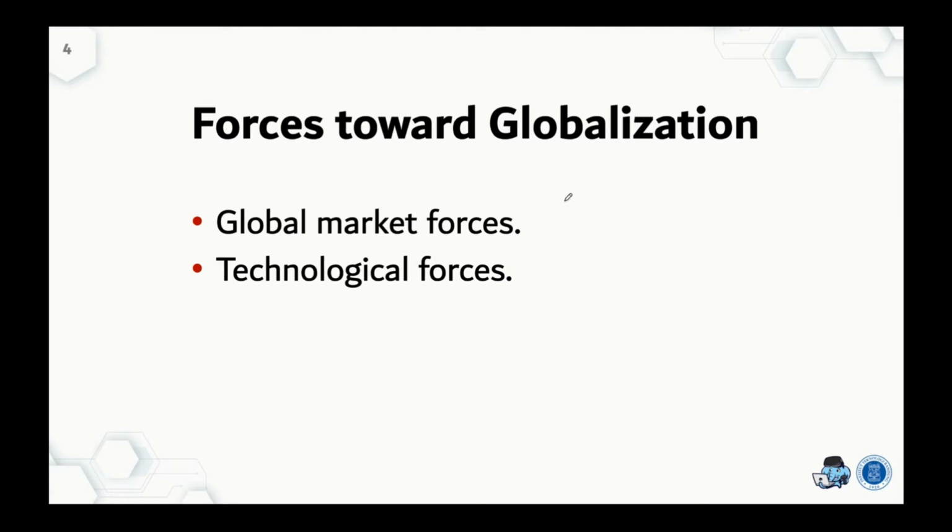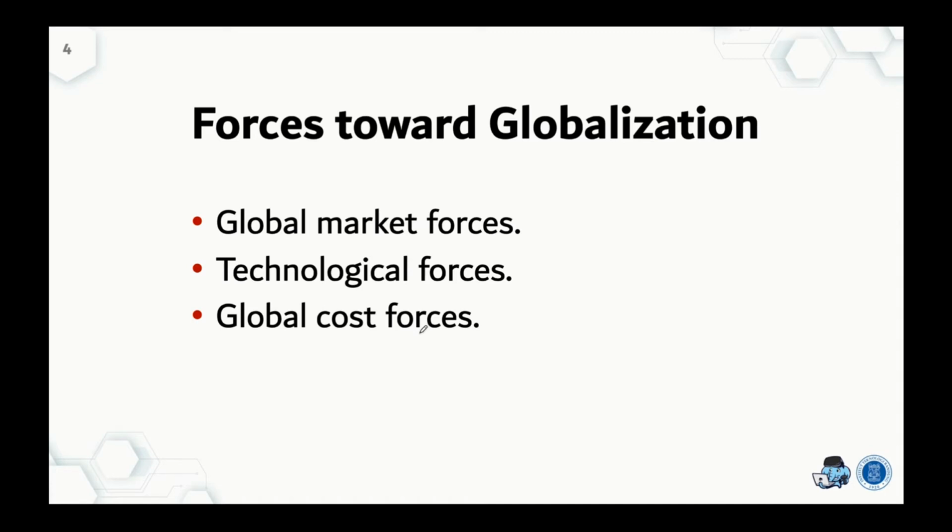There are several forces that push companies toward globalization. For example, global market forces, where demand comes from many places and many countries, and technological forces, where we can acquire technology and make the best use of technology from many different sources across continents.